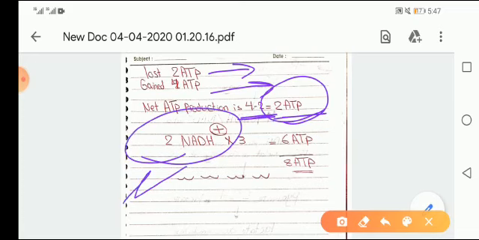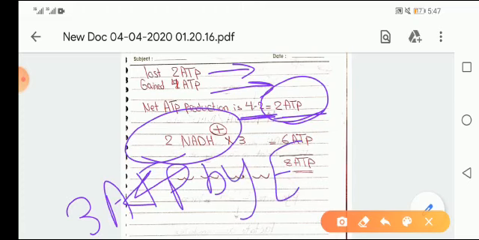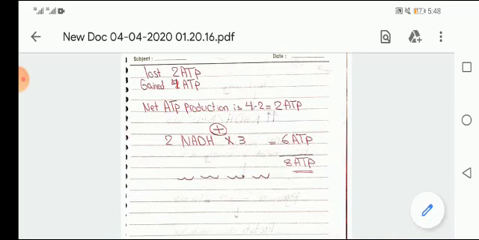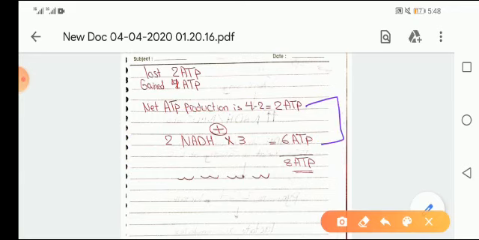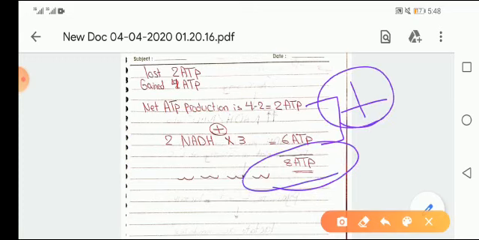Each one of them will produce 3 ATP by the help of the ETC. So 2 multiplied by 3 is 6. 2 ATP by substrate phosphorylation, 6 ATP by ETC. Add them to get the total of 8 ATP molecules.